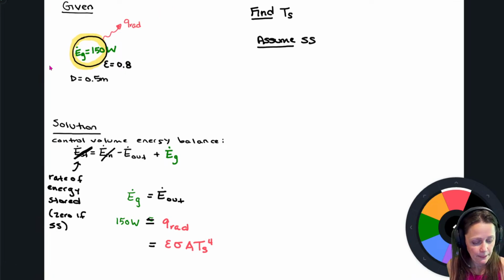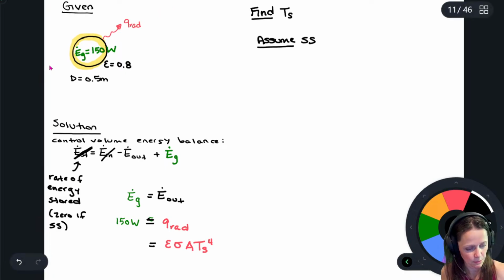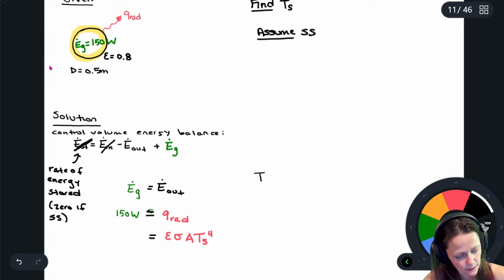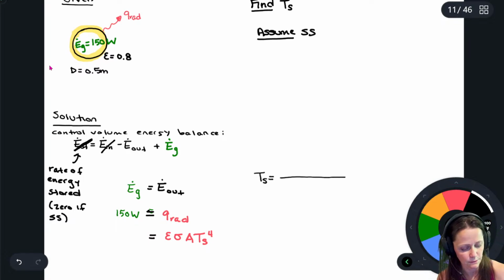All right, so I just need to plug in some numbers. So TS is going to be equal to, I'm going to have 150 watts on the top, and then I'm going to have the emissivity 0.8 times my Stefan, oh, sorry.